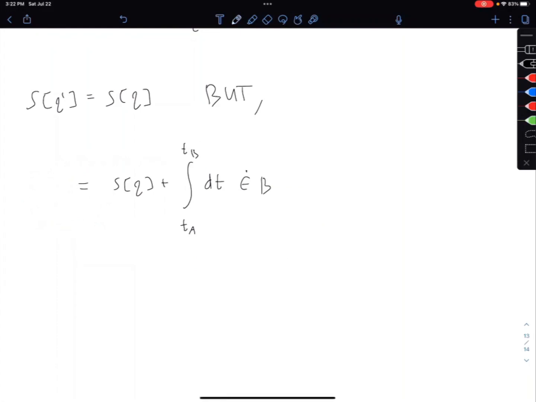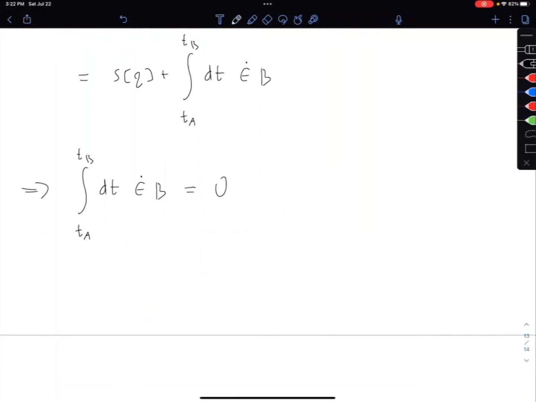Okay. And that means that the second term is 0. Okay. Then I can integrate this by parts, right? And integration by parts looks very easy because epsilon vanishes at the bounds. So I can say that this is equal to minus the integral from t_A to t_B dt epsilon b equals 0.